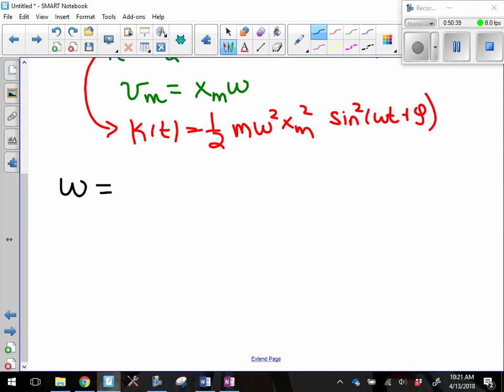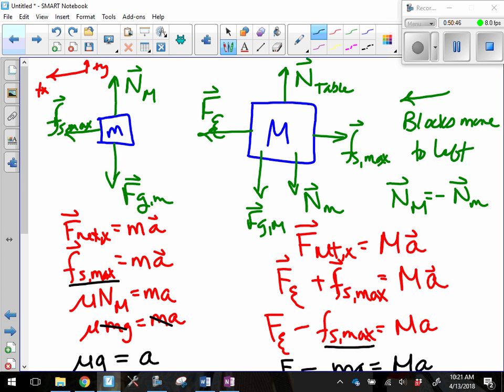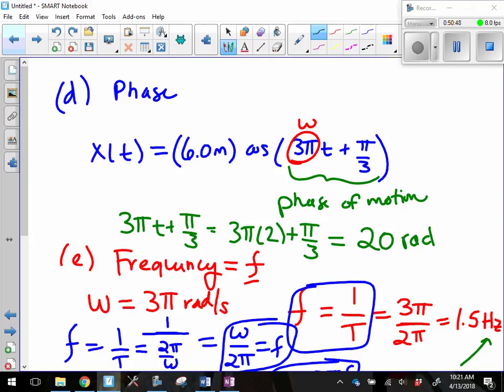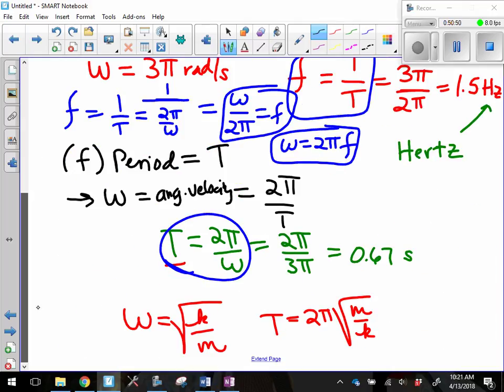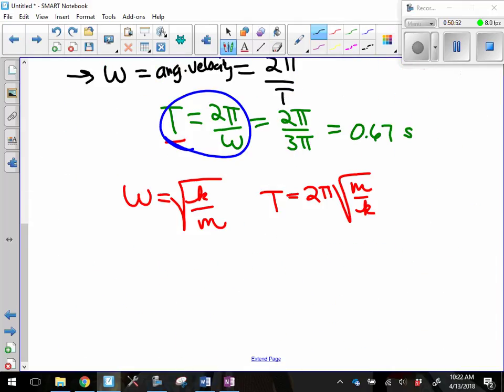I mean, that's true, but that's not going to help me here. How else can I write omega? Radical k over m, right?